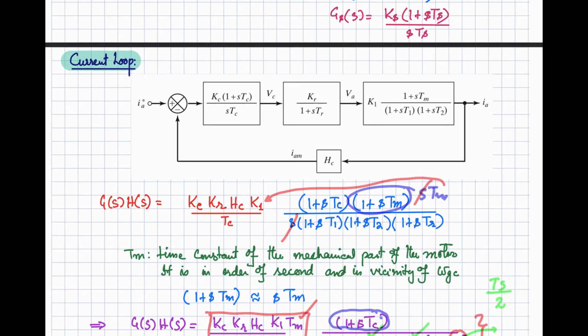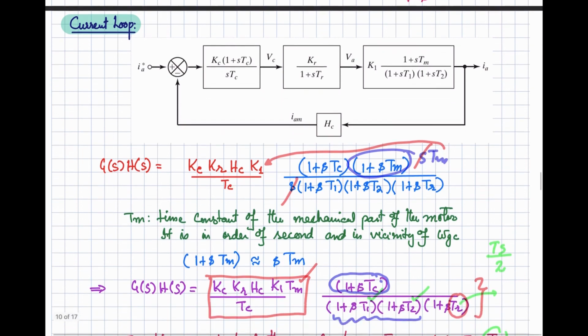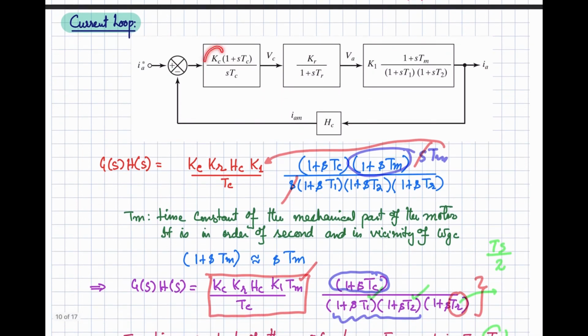First we developed this one, then we included the converter transfer function and the PI current controller, and then we simplified this one, and we have seen how we can select this controller gain.